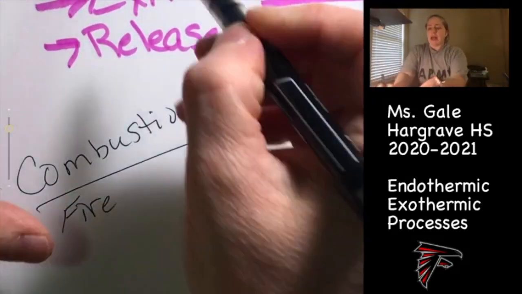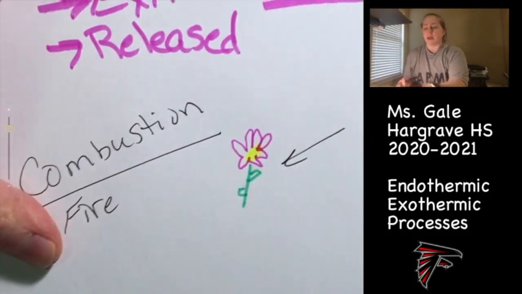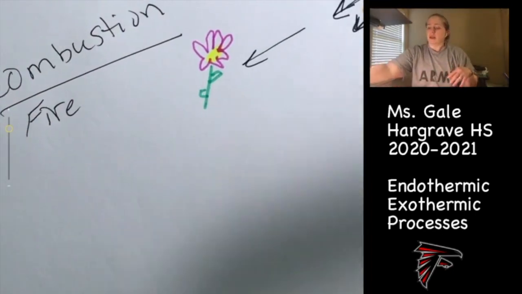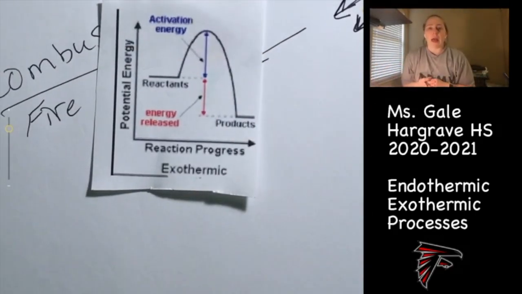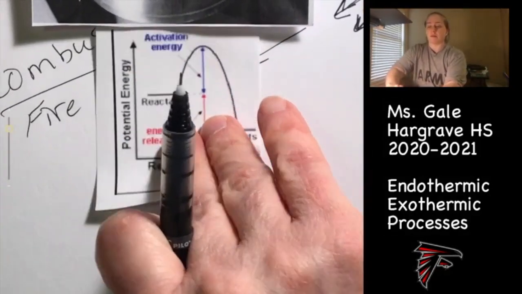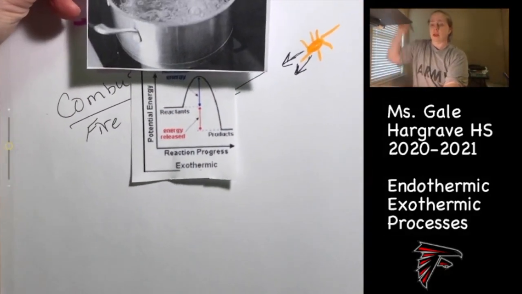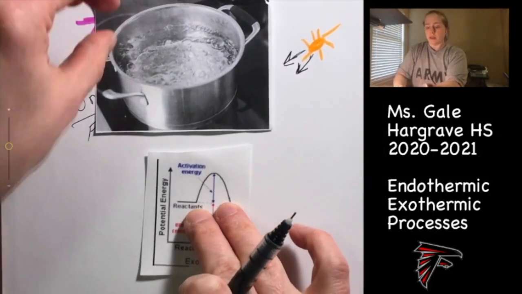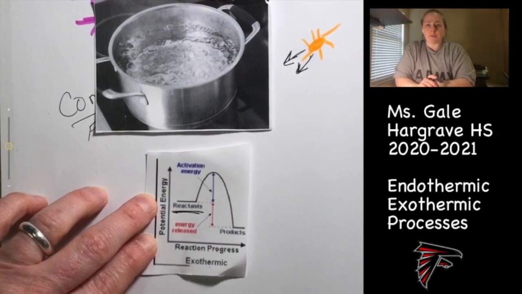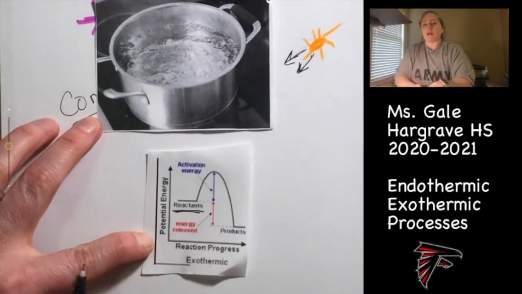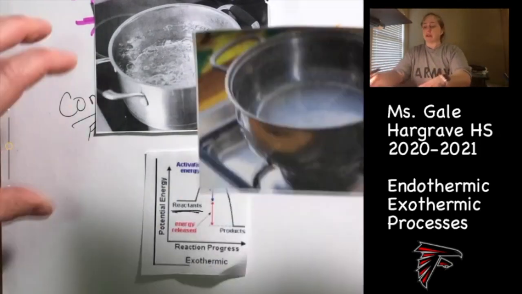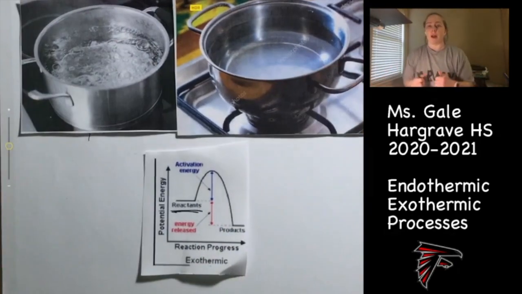So in an exothermic process, your reactants, I start with a pot of boiling water. This is what I'm starting with. This is my reactant. I take this pot of water, turn the heat off, put it in the refrigerator, and come out with just regular water.